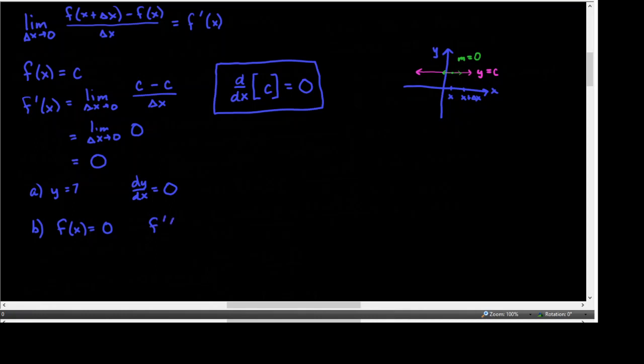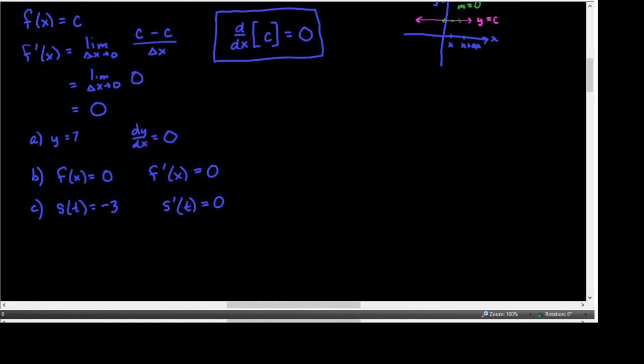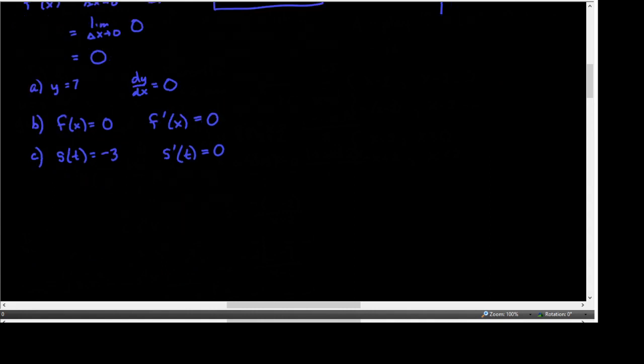Well, since 0 is a constant, its derivative is 0. If s of t is equal to -3, what is its derivative? S prime of t. You notice that I'm trying to use both Leibniz notation, the dy dx, and the prime notation, f prime and s prime so far. Those are pretty standard, at least when I'm doing the problems, how I would label the derivative.